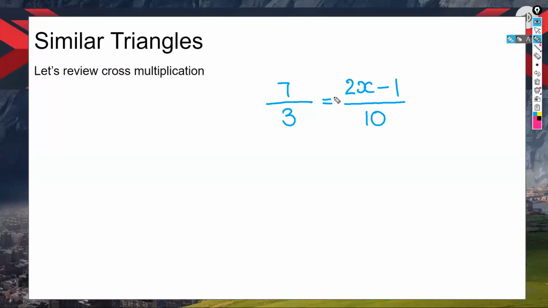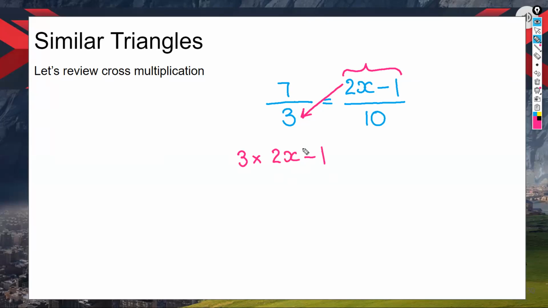So we decided that we would cross multiply this diagonal first. Now the mistake people are making is that you have to multiply this entire thing by 3. So it has to look something like this: 3 multiplied by what? 2x minus 1, because we're multiplying everything here.